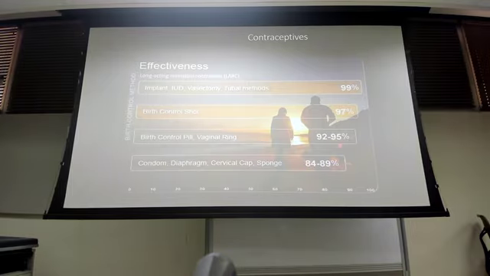All right, effectiveness. What trend do you see here with the effectiveness? What seems to be more effective? Not besides not having sex. Okay? Besides not having sex. Sterilization. So these things are more permanent and they involve you and not the patient.